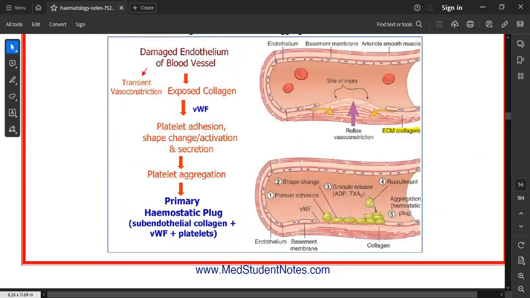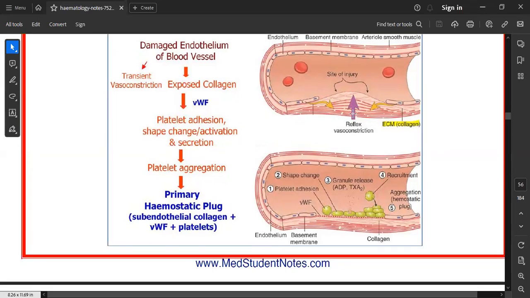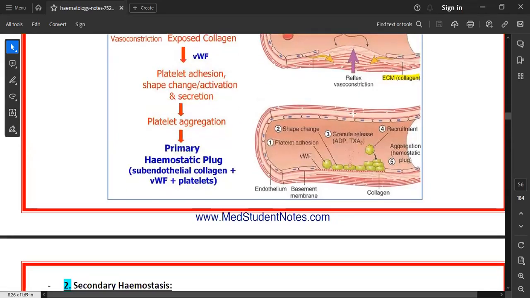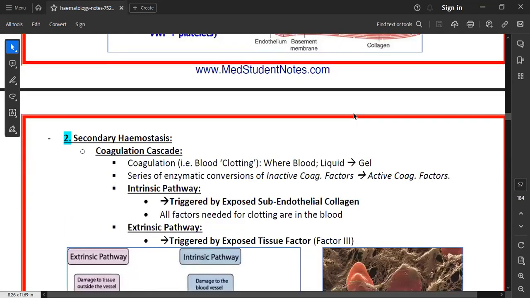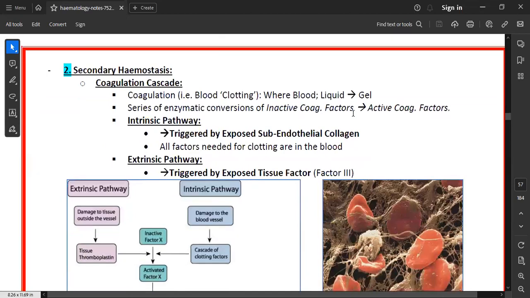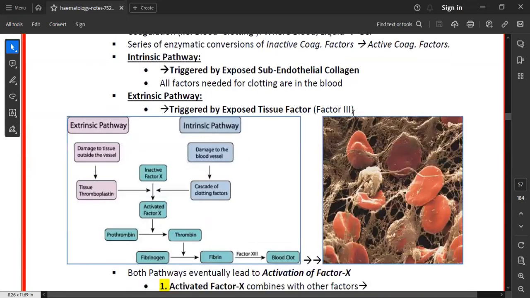See what I was saying. Tissue injury exposes collagen. So collagen is important for the primary hemostasis, right? It helps bind the platelets and also in the intrinsic pathway by activating factor 12 to 12A. And then on the other side, the extrinsic pathway is your tissue factor that activates factor 7.